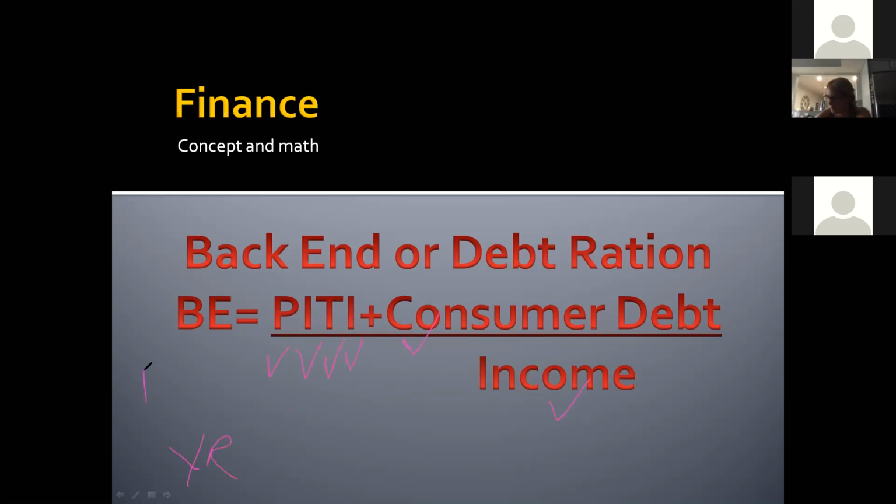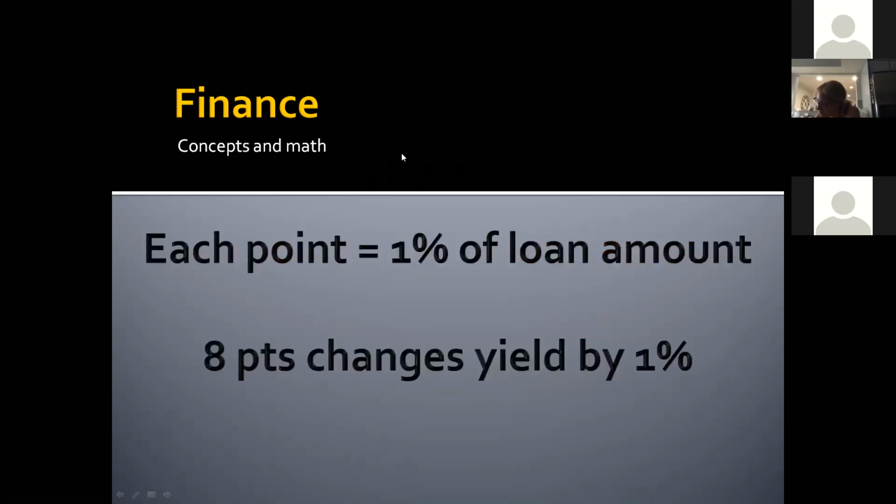They may give you the principal and the interest by the month, the taxes by the quarter, and the insurance by the year. You've got to convert all of this to by the month in order for it to work, because you have to have consistent units. So again, this is a question that's always on the test. Why? Because it comes up in real life, almost every single transaction.